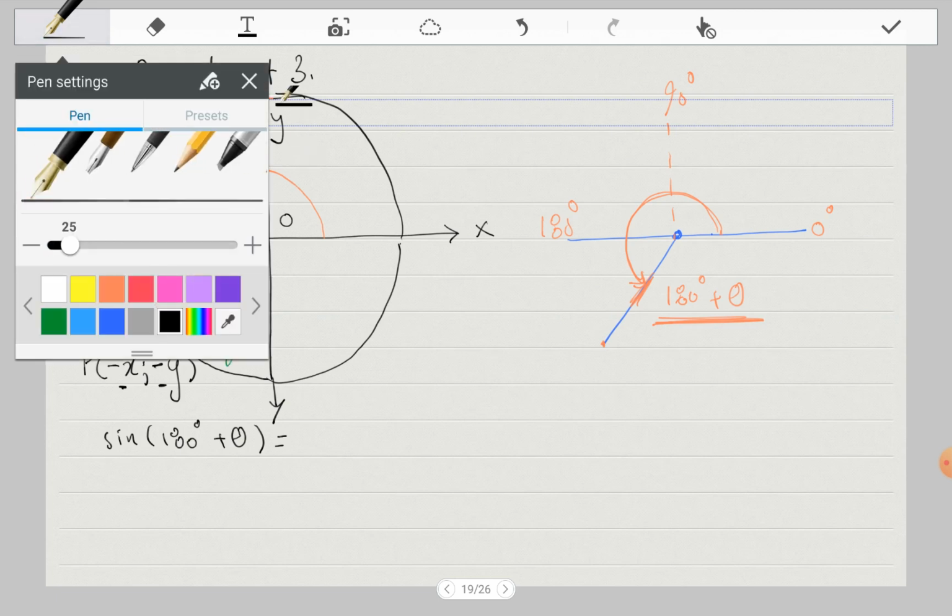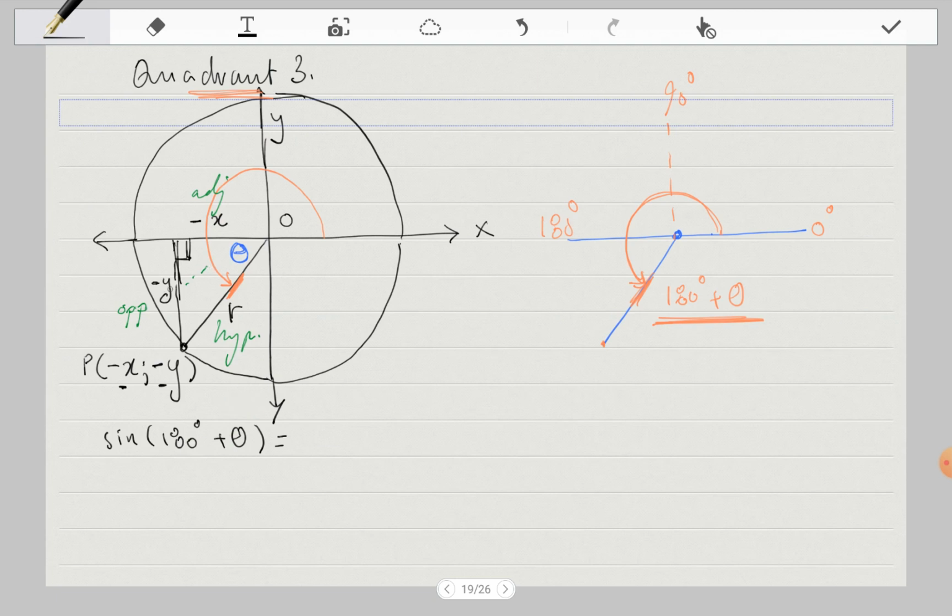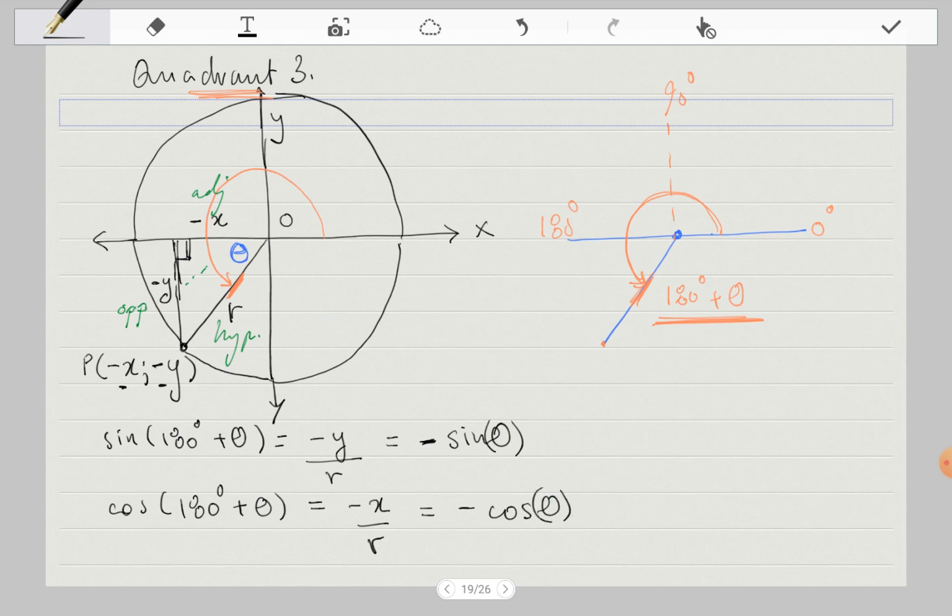So sine would be minus y over r, which would be minus sine of theta. So it's the same thing as sine, it's just that this time it's negative. If we do the same thing for cosine of 180 degrees plus theta, that would be adjacent, which is minus x, over your hypotenuse, which is r. And that would give us a negative cosine of theta.